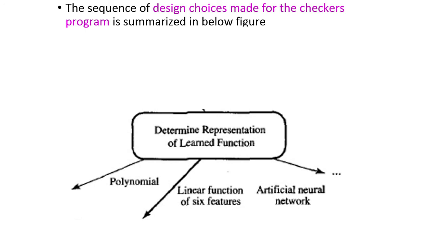If you remember, we have taken 6 features, x1, x2, x3, x4, x5 and x6, such as the number of black pieces on the board, the number of red pieces on the board, and so on. We have selected a linear function of 6 features.